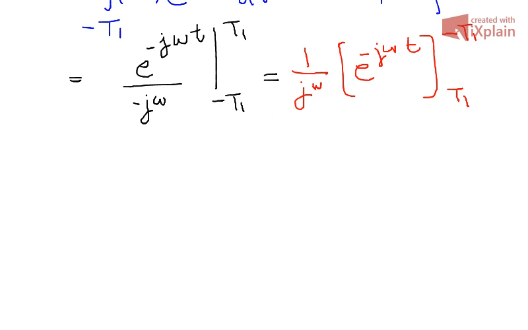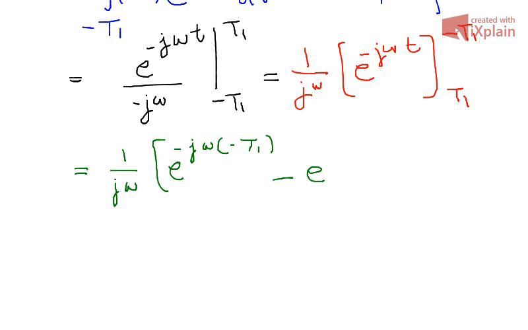It's a simple integral: 1 over j omega. Put these limits: e raised to the power minus j omega, upper limit minus t1, minus e raised to the power minus j omega, lower limit t1.